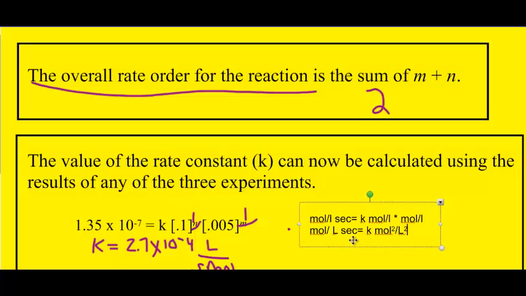So the units for k turn out to be moles per liter seconds divided by moles squared over liters squared.